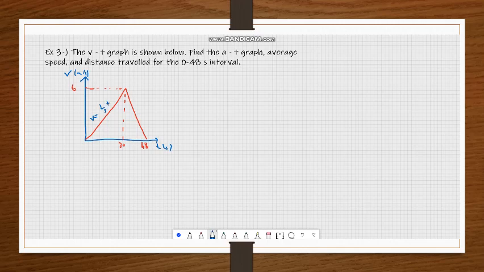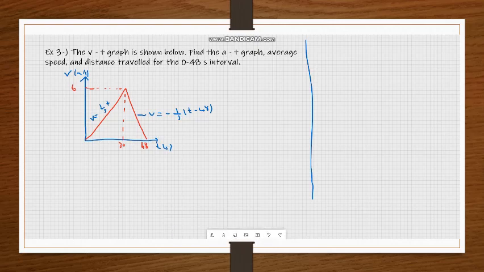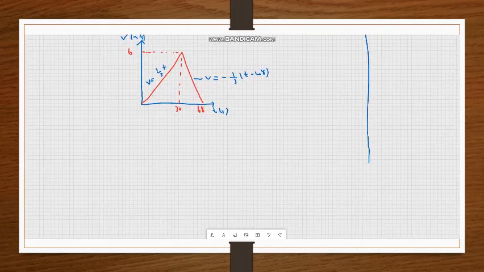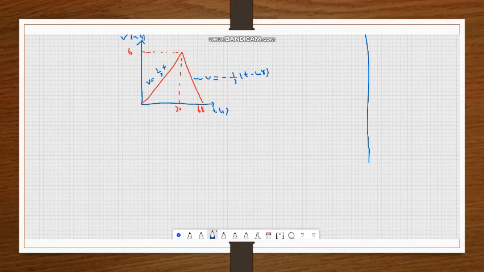Then the other one, the velocity curve, is minus 1/3 (t minus 48). Okay, let's put it here so we can see and observe and then do the question easily.